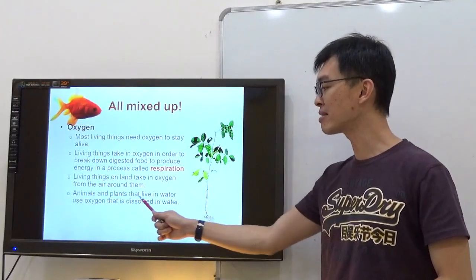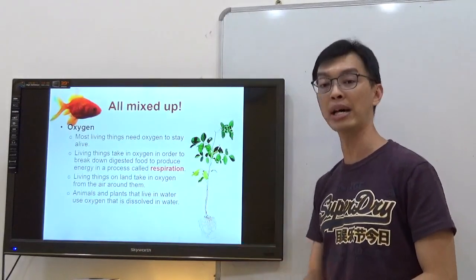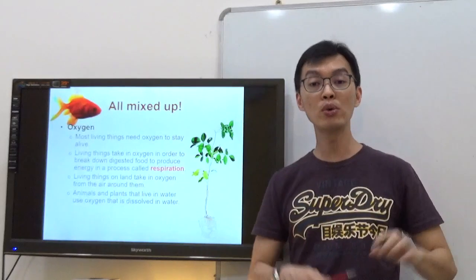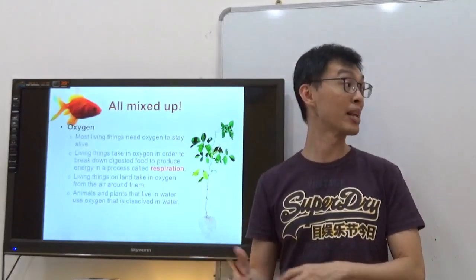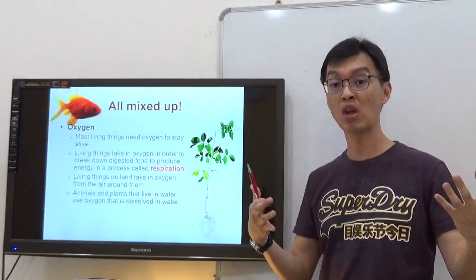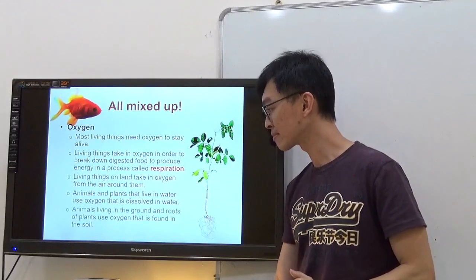Animals and plants that live in water use oxygen that is dissolved in water. Remember, those that live in water use dissolved oxygen. Dissolved oxygen means oxygen that is found in water, okay?